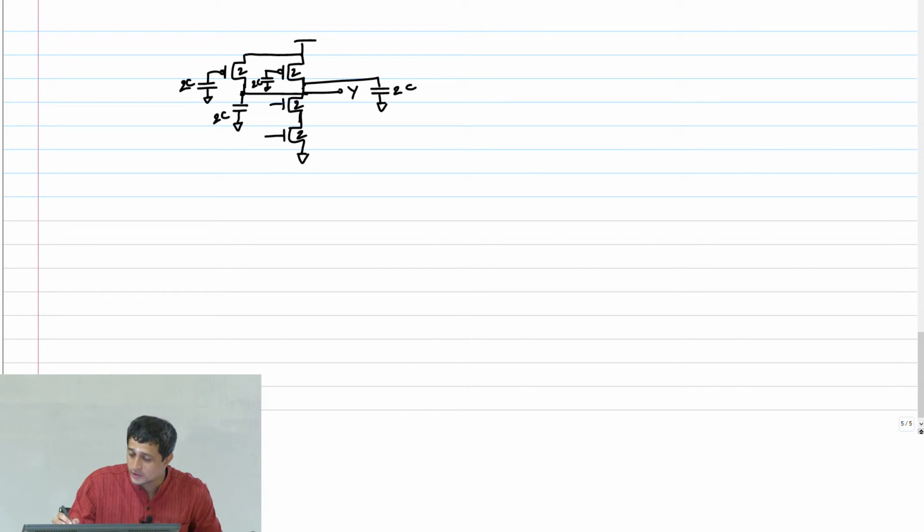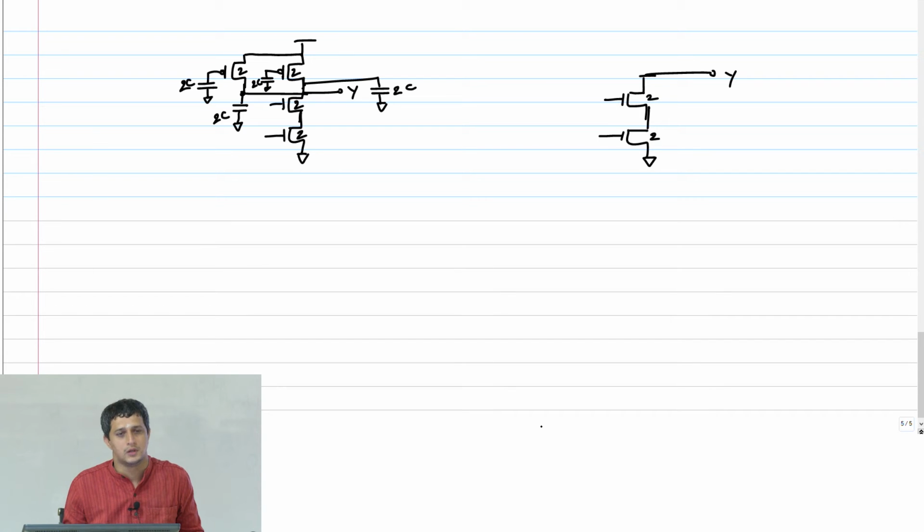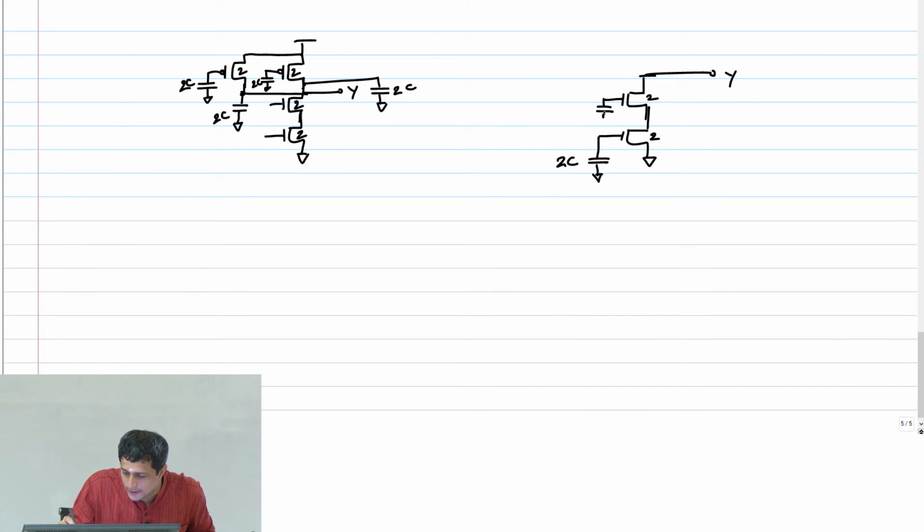Okay, I will now draw this NMOS stack separately so that it becomes clear. Output Y, this is 2, 2. So what's my gate capacitance? Yeah, 2C. What's this capacitance? 2C, right?